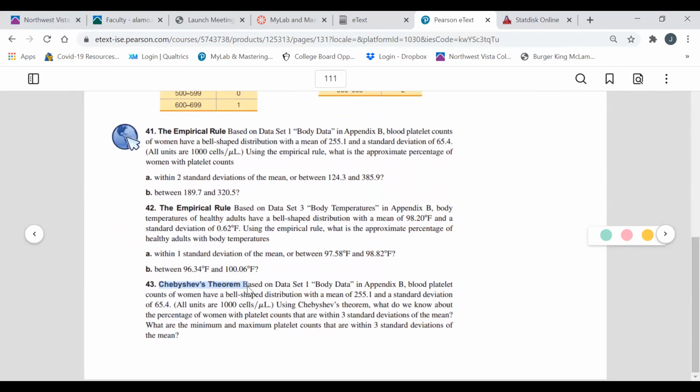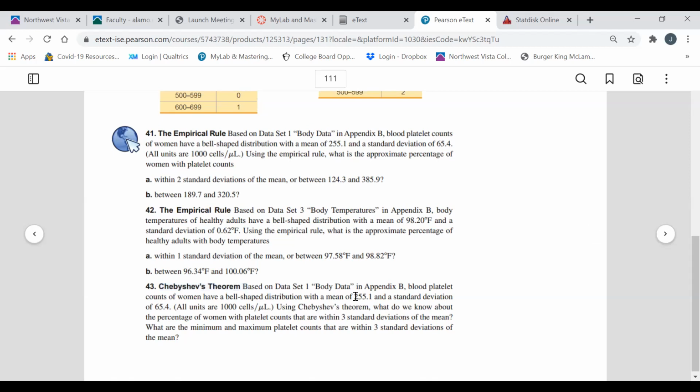Based on the data set 1, body data in Appendix B, blood platelet counts of women have a bell-shaped distribution with a mean of 255.1. All right, so we know our mean. There it is, 255.1. I'm going to put that for my mean. And a standard deviation of 65.4.